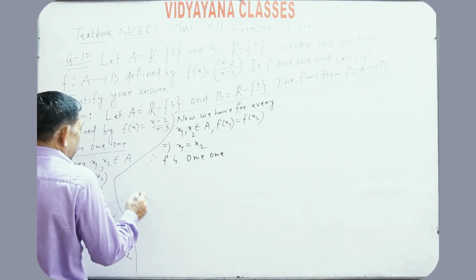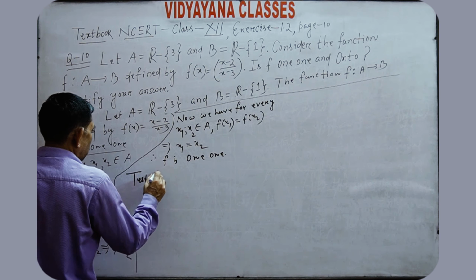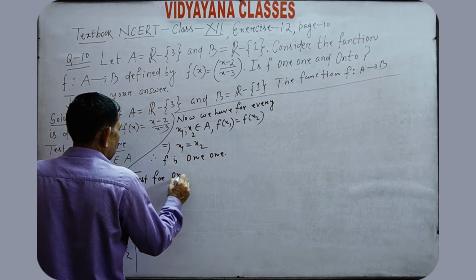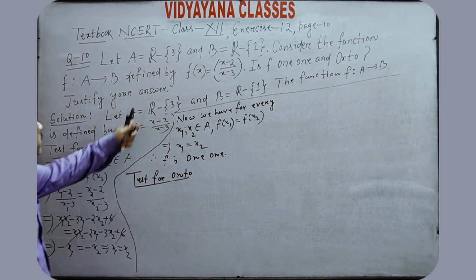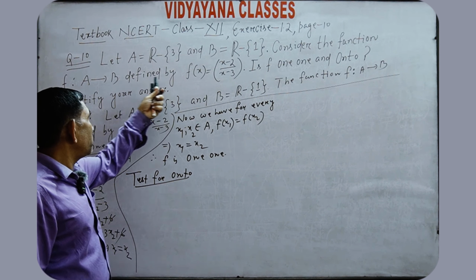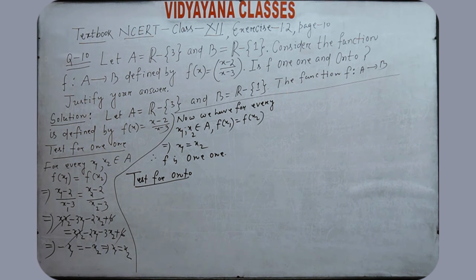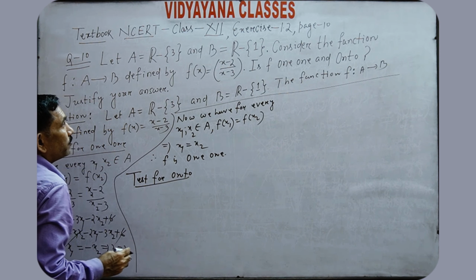Test for surjective or onto. The function f from A to B is given by this. Test for onto.